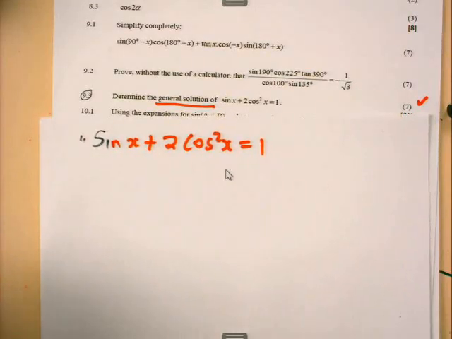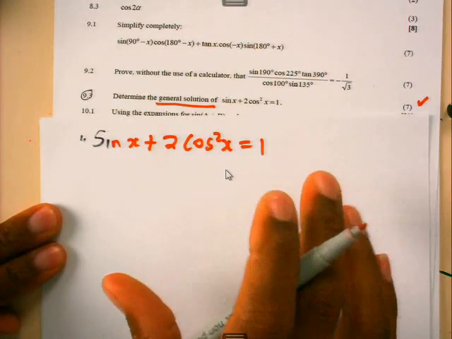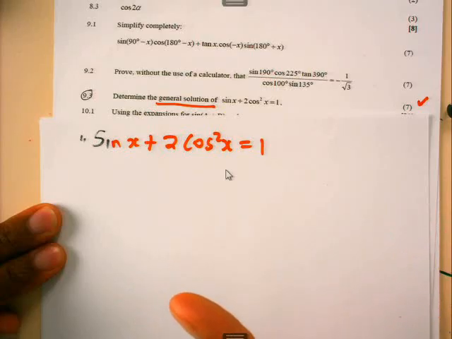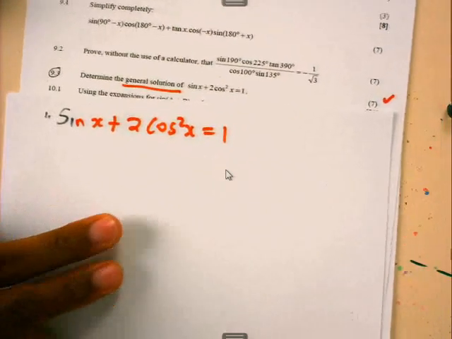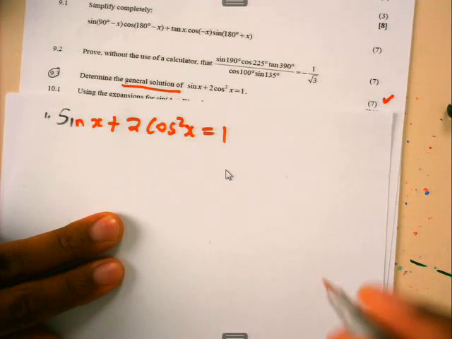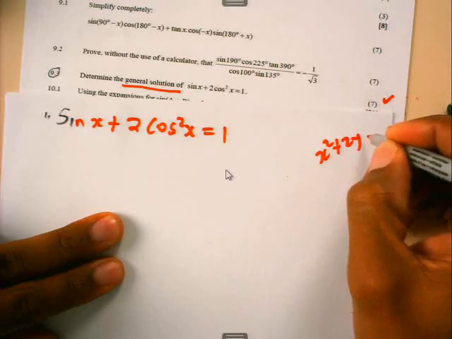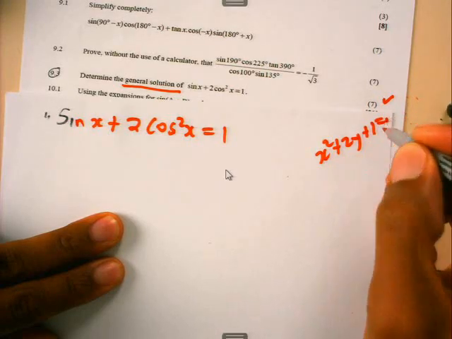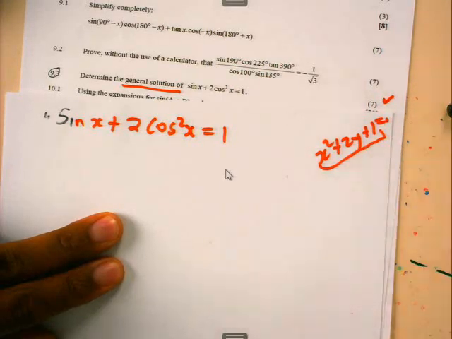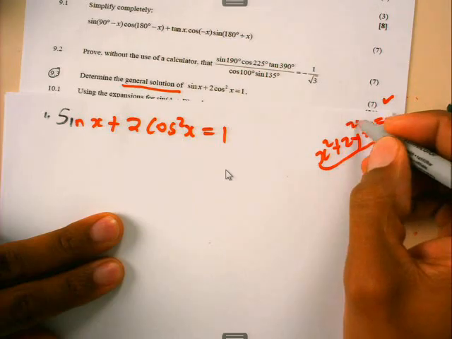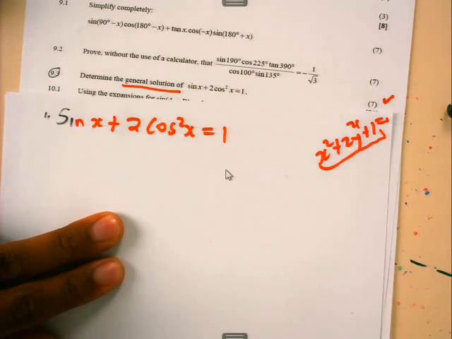When I look at this one, it's like we have something like a quadratic equation there. But remember, when we solve a quadratic equation, having x squared plus 2y plus 1 is equal to 0, is it possible for you to factorize this problem? No, it's not possible. It is only easy if you are dealing with only the x or only the y.